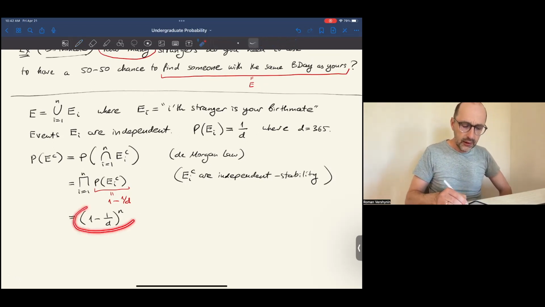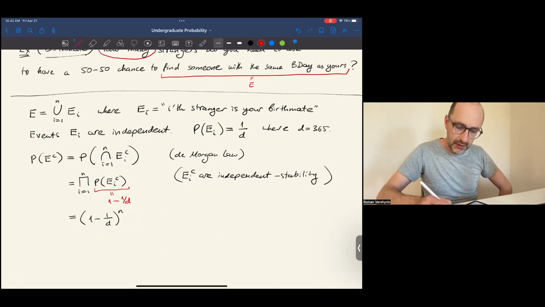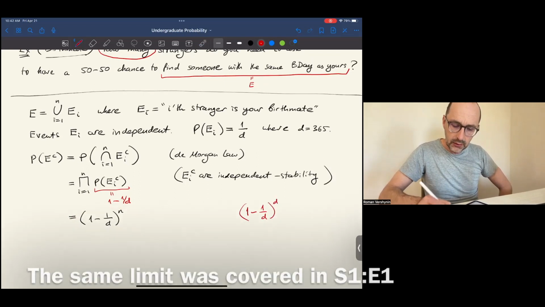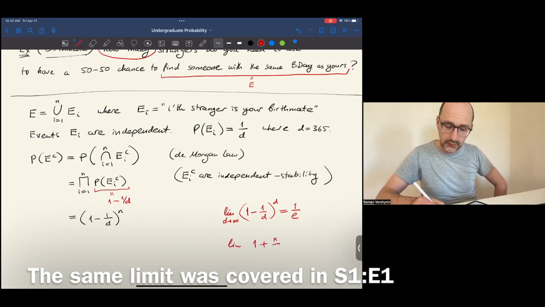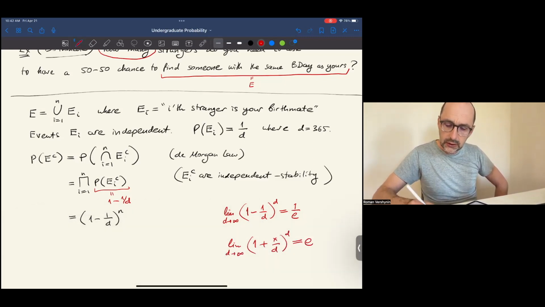You may notice how this is similar to the classical limit: (1 minus 1 over d) to the d, if d is very large, becomes closer and closer to 1 over e, Euler's constant. And that's because the limit of (1 plus x over d) to the d is e to the x. And now we apply this for x equals minus 1.